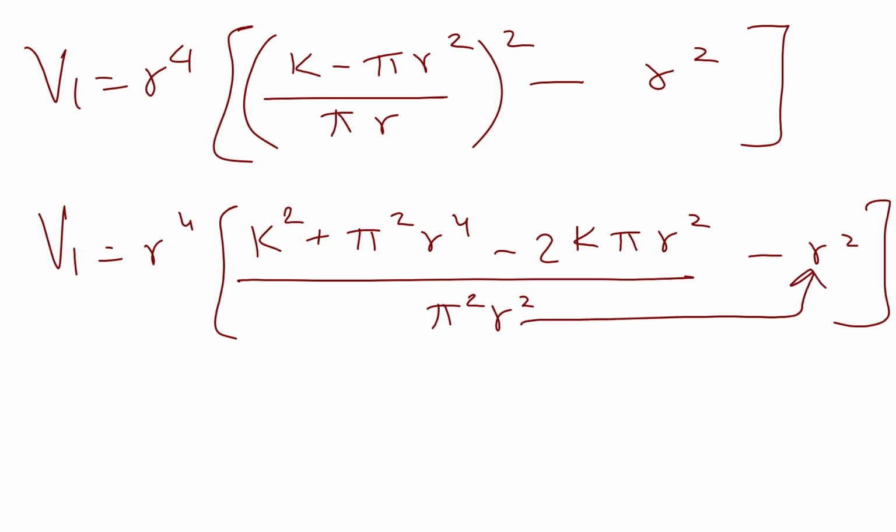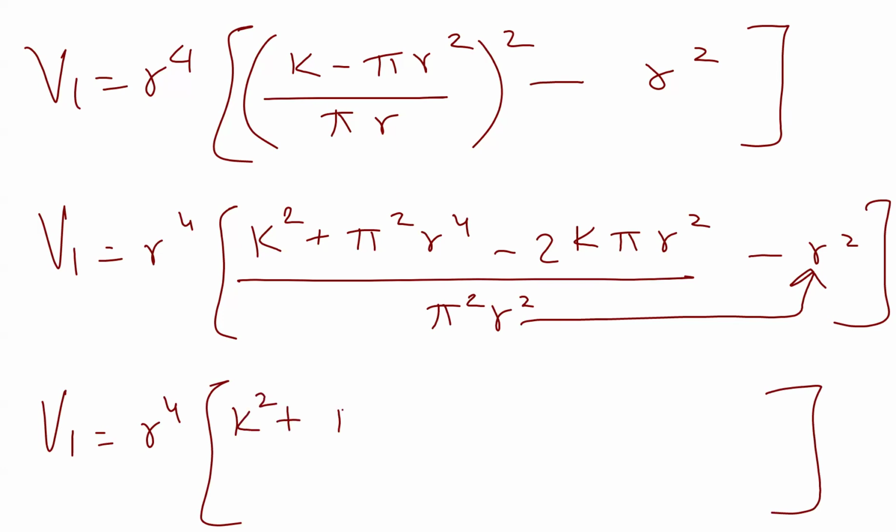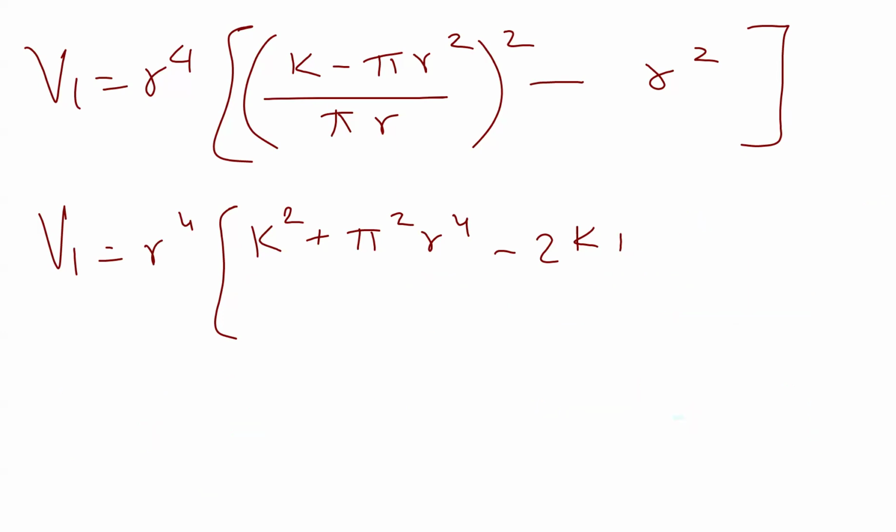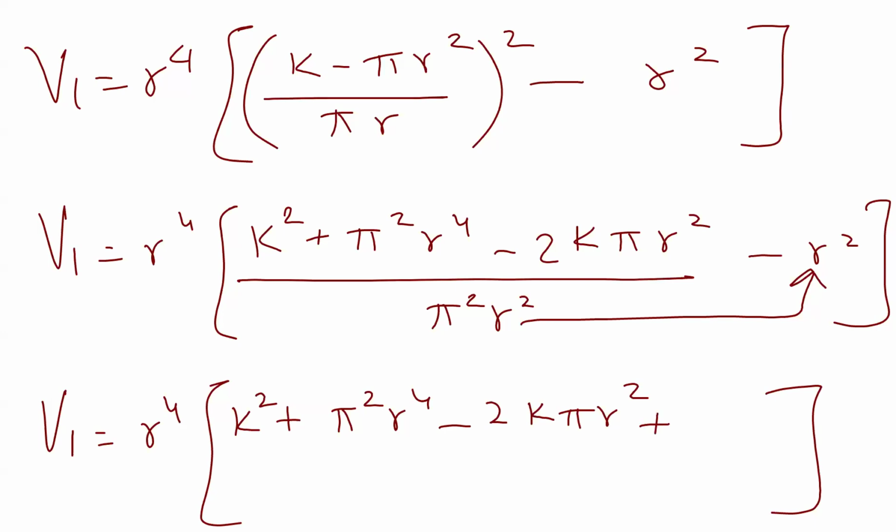Now take LCM over here. V1 is equal to R raised to 4 K square. Write very clearly. If you're writing clearly, things will be quite easy for you. Don't write in the format of rough.